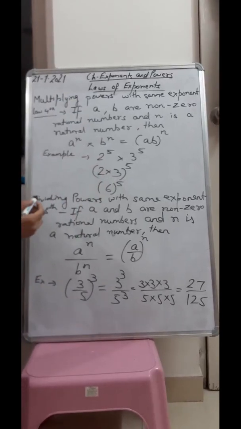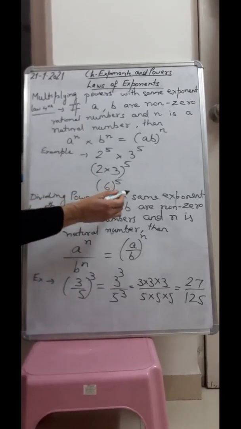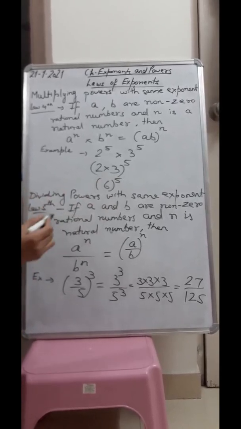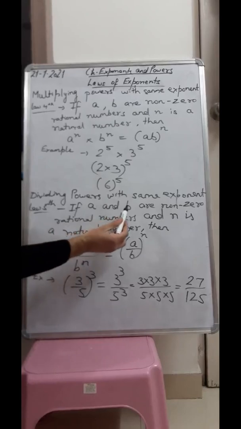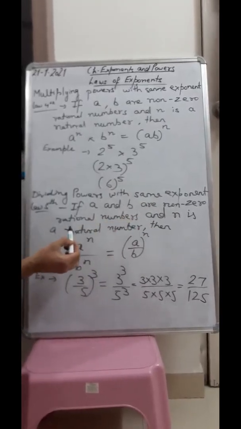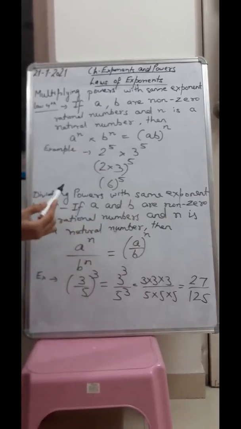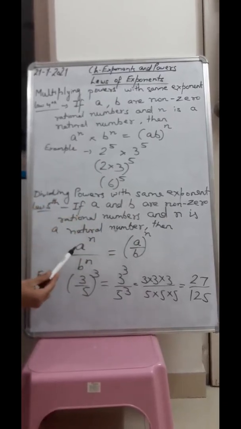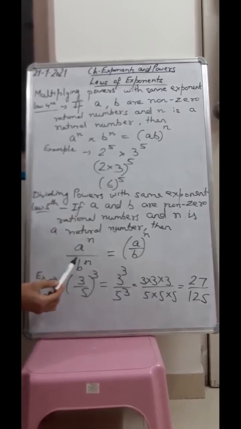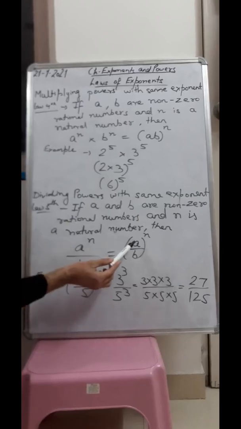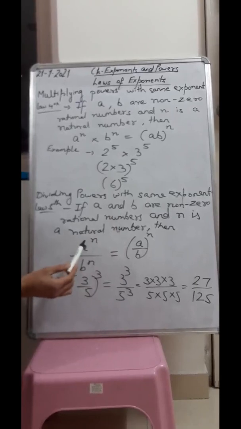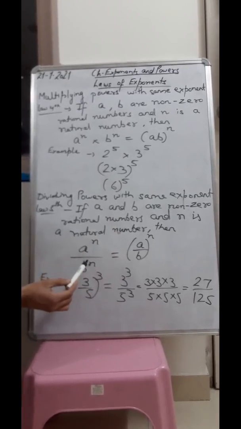The next is dividing powers with same exponent. Here law 5 says if A and B are non-zero rational numbers and n is a natural number, then, since here we are dividing, A raised to power n upon B raised to power n, we can write it as A upon B whole raised to power n, because both A and B have the same power and they are getting divided.